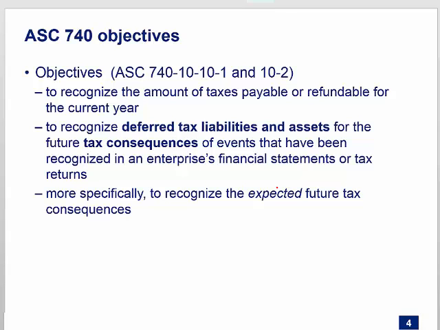And the whole idea is that if you recognize a tax liability for the taxes you owe or should be receiving, and if you recognize the appropriate deferreds to contemplate future tax consequences of events of today, the net of those two things, if you're going to balance your journal entry, is going to be a tax expense. And so the P&L effect, which is really what everybody focuses on when you're talking about ASC 740, that P&L event will fall out from accomplishing the first two balance sheet objectives. Okay, so I want you to keep that in mind.